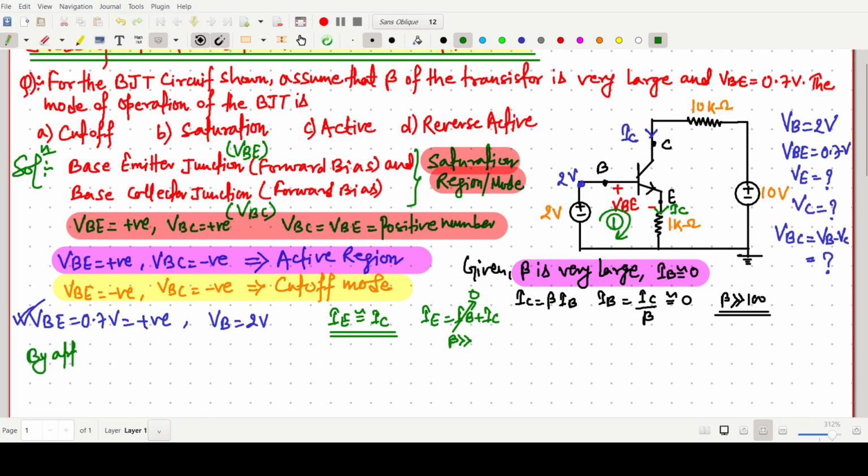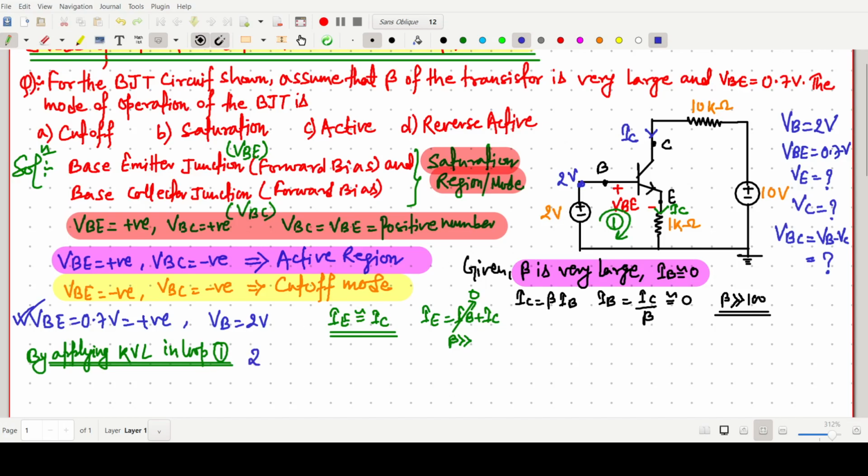By applying Kirchhoff's voltage law, KVL, in loop 1. So how do we write the KVL equation? I am starting from here, from 2 volt.